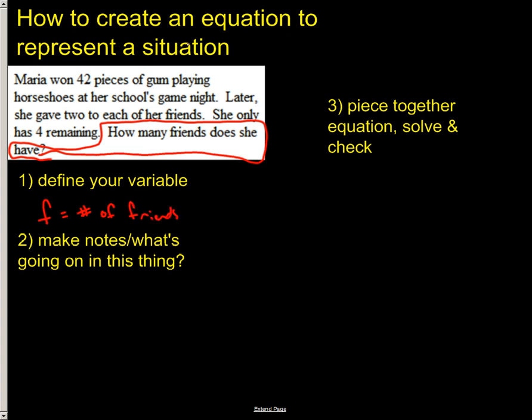Make notes of what's going on. Okay, no problem. Maria won 42 pieces of gum playing horseshoes at her school's game night. So we really don't need to know this anymore. We just want to know how many friends she has. She won 42 pieces of gum, so let's make a note down here for this. Later, that means after she won the gum, she gave two to each of her friends.